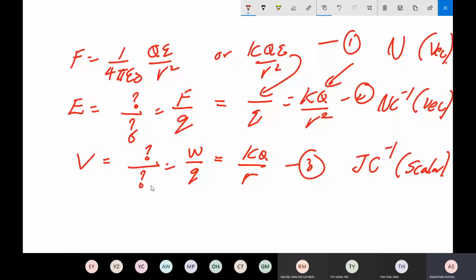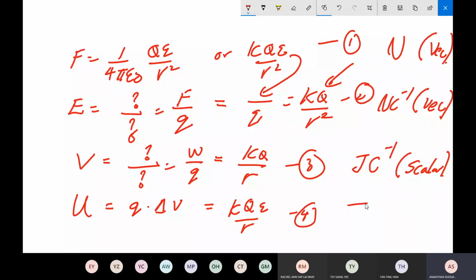Next, the fourth one, electric potential energy. How do you find it? Q times the change in potential is your electric potential energy. So the formula is KQq over R. What is the unit? Joule. Also scalar.